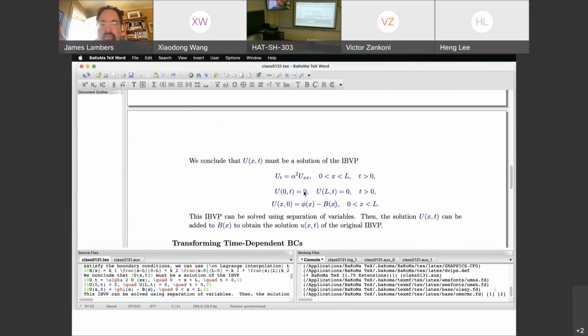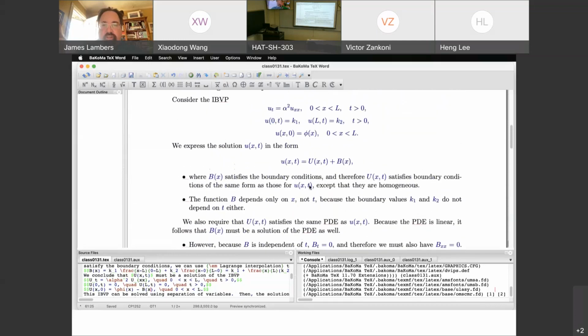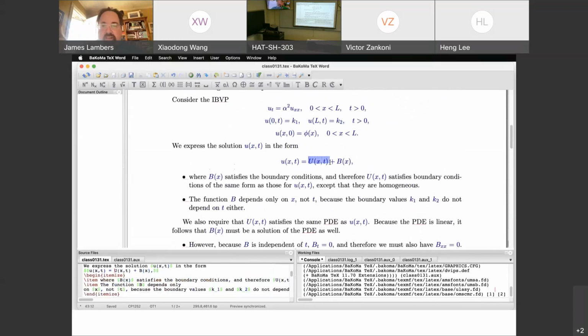So by making these values 0, the trade-off is that now we have this. But now this problem can be solved using separation of variables. And then once you have solved this problem by separation of variables, you go back to your original problem, and to get little u of x, you have this now.